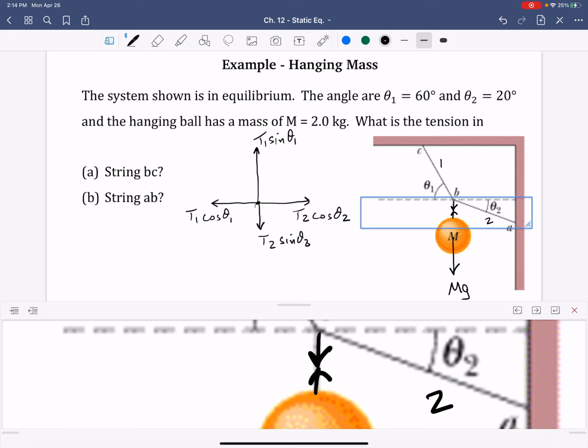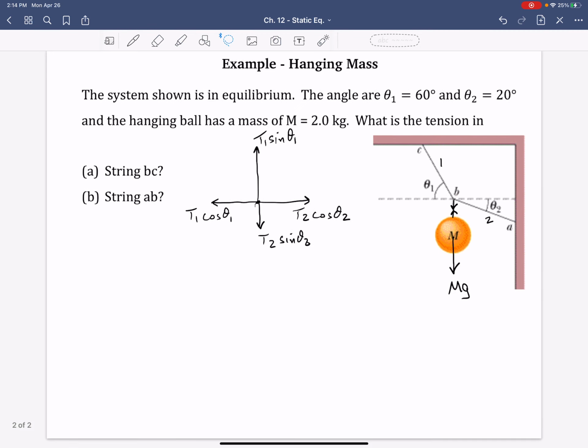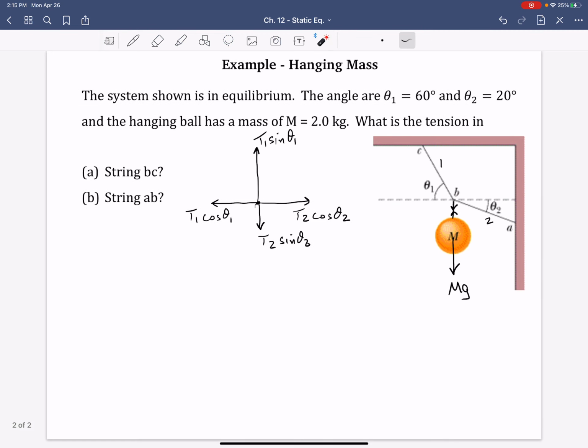But they cancel out, and so the external force to this system, with the system being string 1, string 2, and this mass, all of this as the system, comes from gravity.